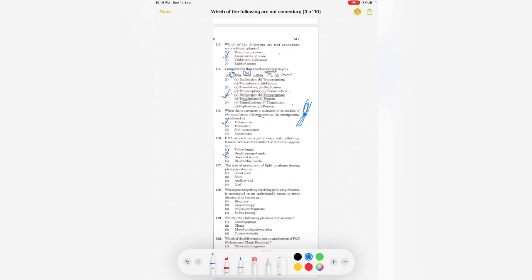Question number 117. The site of perception of light in plants during photoperiodism. You know, photoperiodism is required for formation of a flower. Actually, flower is a shoot, modified shoot. Even though the shoot is modified to a flower, always absorption of light will be done by the leaf.